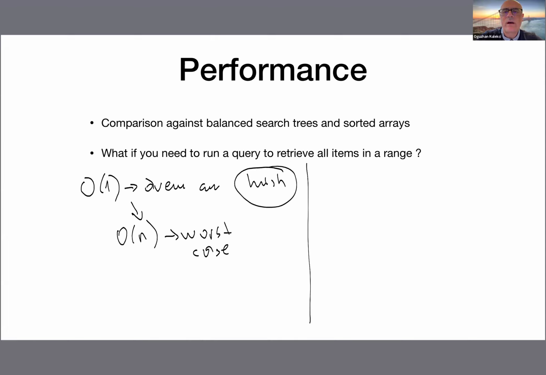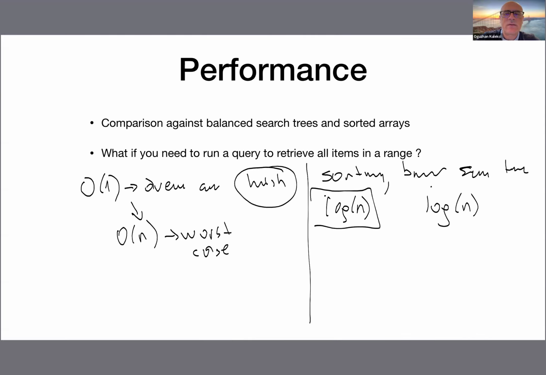What if I use sorting or binary search trees, okay? Binary search trees. In these cases, my worst case and best case performances are always log n, right?